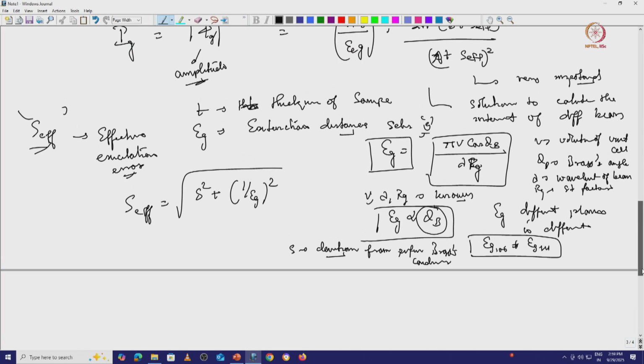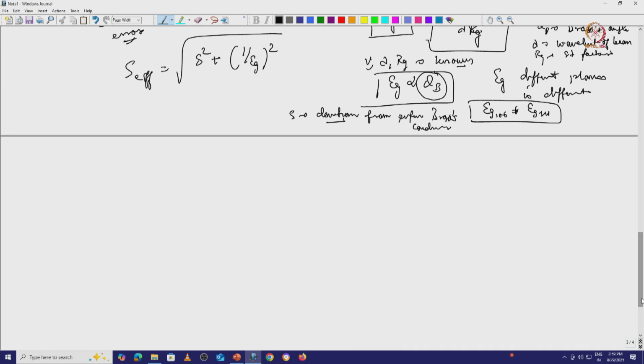Remember in the last class I described to you about the rel rods, correct?